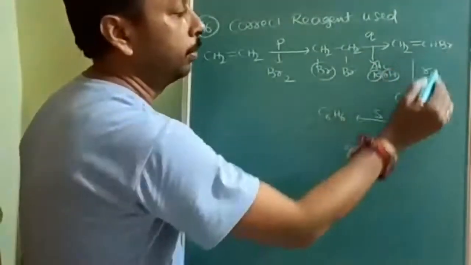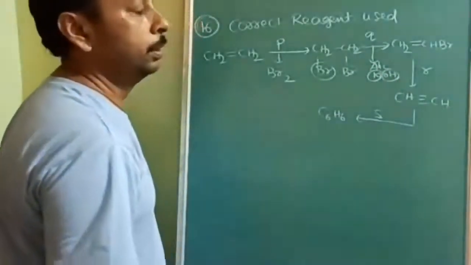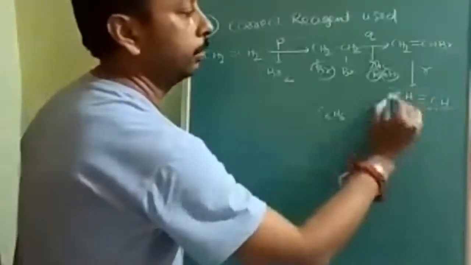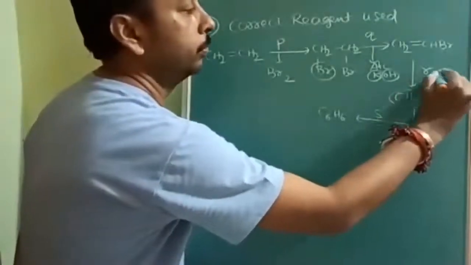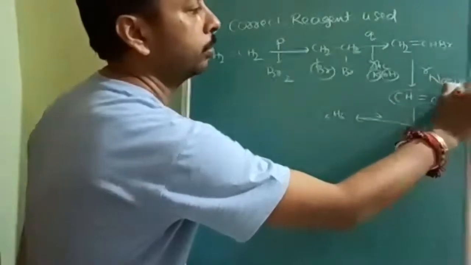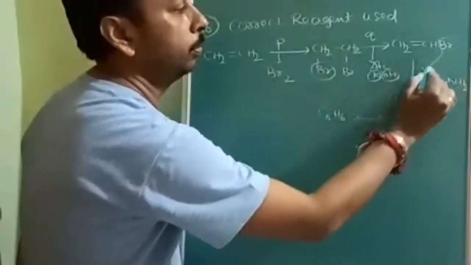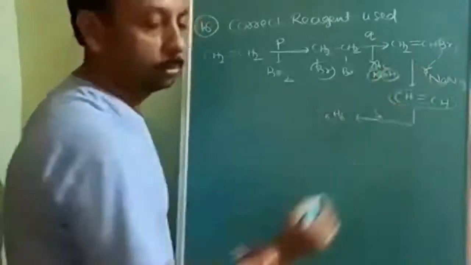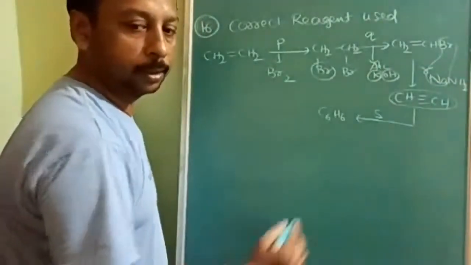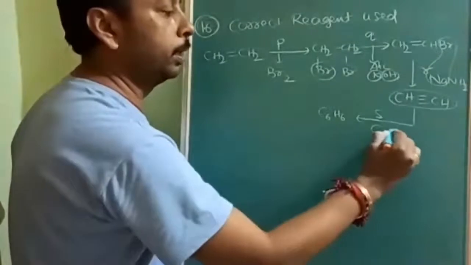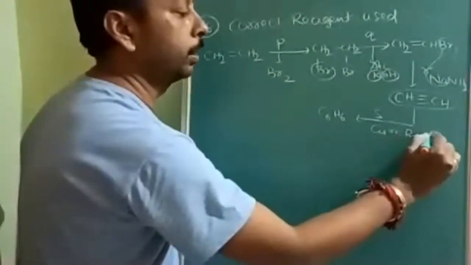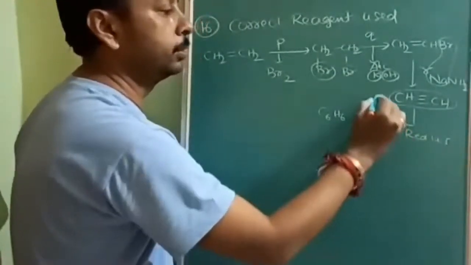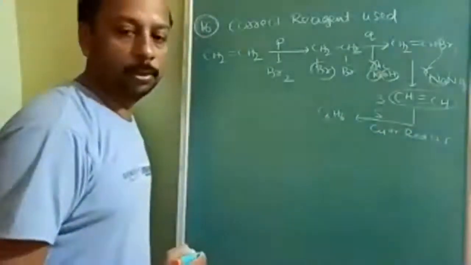Now the double bond is to be further converted to form acetylene. This time we will use sodamide, NaNH2. Sodium will remove bromine, and NH2 will remove one more hydrogen to form ethyne. Then copper or red hot iron: if 3 moles are passed, it will be converted to benzene.